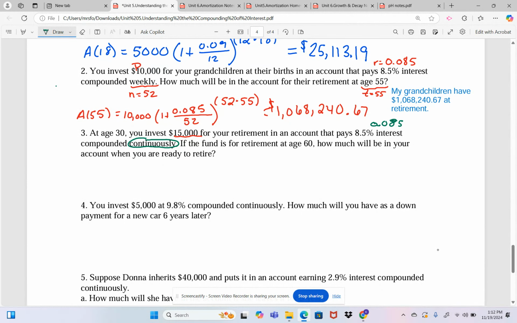So when you read the continuously, that should let you know we are using the formula we've learned today.